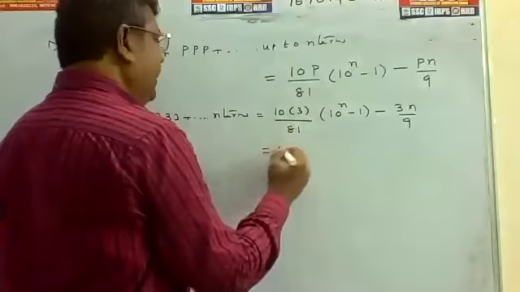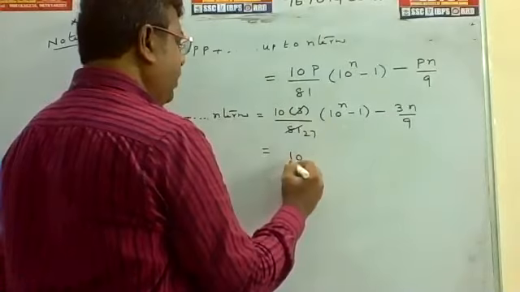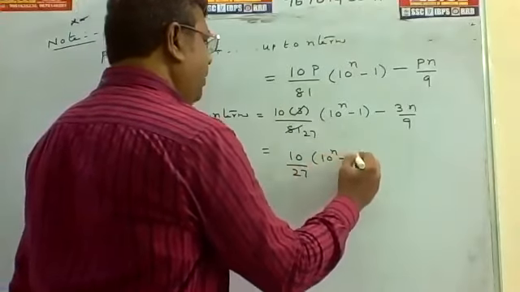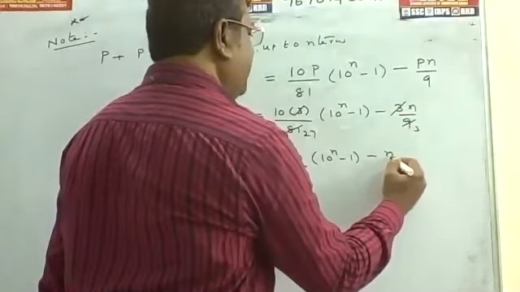We can cancel: 3 ones are 3, 3 27s are 81. So the value becomes 10 by 27 into (10 to the power of n minus 1) minus n by 3.